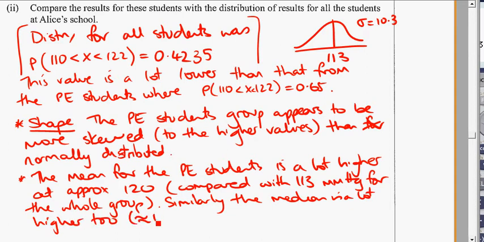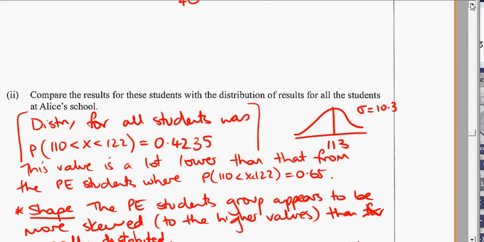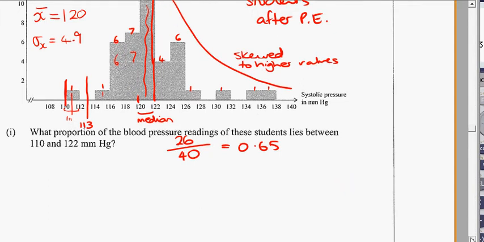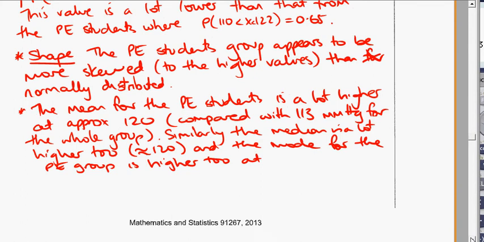It's approximately 120. In the mode for the PE group is higher too at, let's just check the mode. So the mode, we'll need a modal interval for this one. Let's look for the highest bar, and it's there between 120 and 122 as well. And put a unit in.